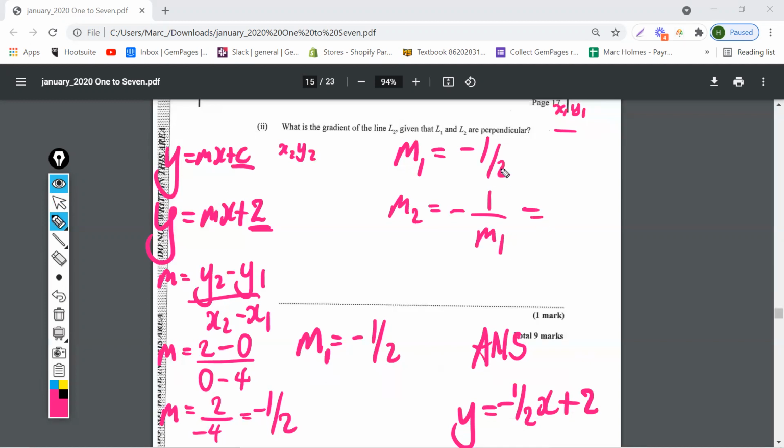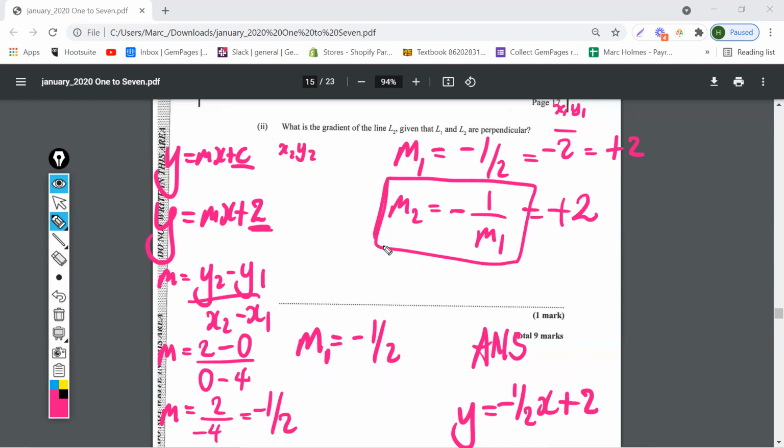So if we flip the half and make it negative, it's going to be positive 2. If we flip the half, it would be negative 2, and then we put a negative sign to the negative 2, we're going to get positive 2. So that's all we needed to do here.